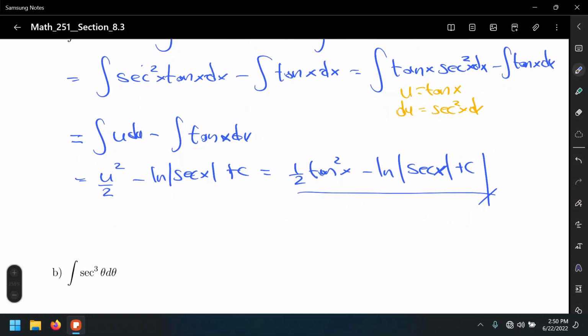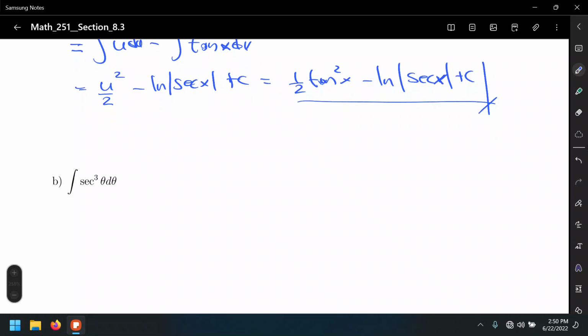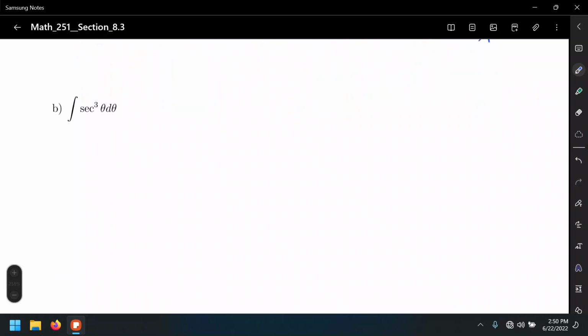Let's have a look at letter B. And letter B, I'm not gonna lie, when I took this class, I gave it a few tries.